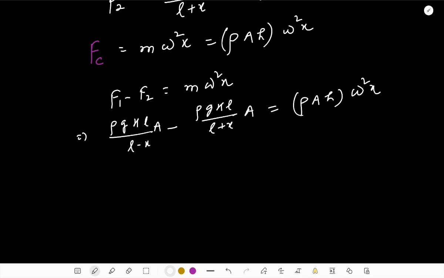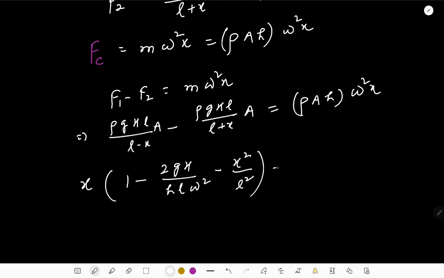and I took all the terms together and found this. This whole expression can be written like 1 minus 2gh by HL omega square, multiplied by x minus x square by L square equal to 0.